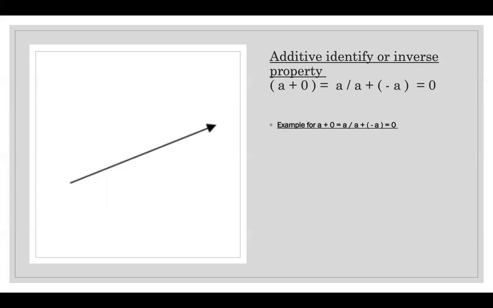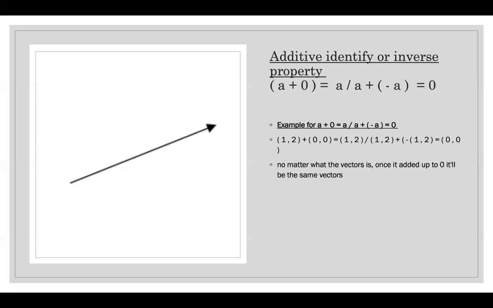So the example I gave for a plus 0 equals a, and a plus negative a equals 0, is the vector (1, 2) plus (0, 0). This equals (1, 2), the same vector. Or we can use the other way, which is the inverse property. We can use (1, 2) plus negative (1, 2), which also equals 0, because positive and negative, when they combine together, cancel out.